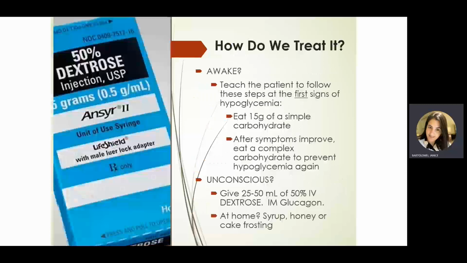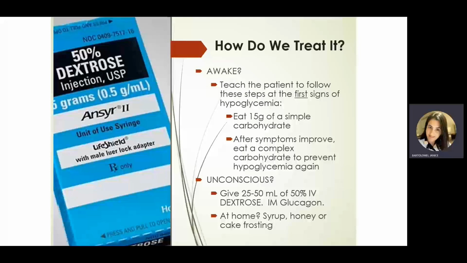The next one would be how to treat hypoglycemia. We treat hypoglycemia depending on the situation. For example, at the hospital, you're going to have patients with IVs and you're going to be routinely going into their room, perhaps on hourly rounds.